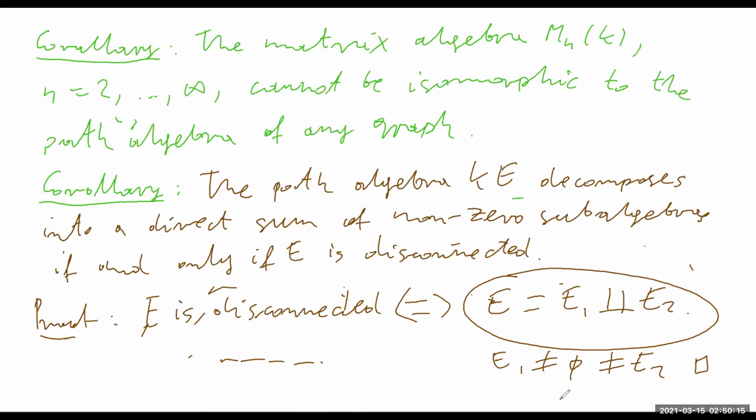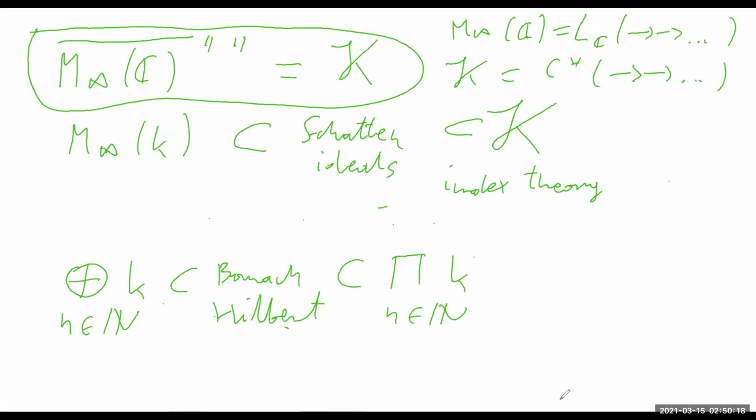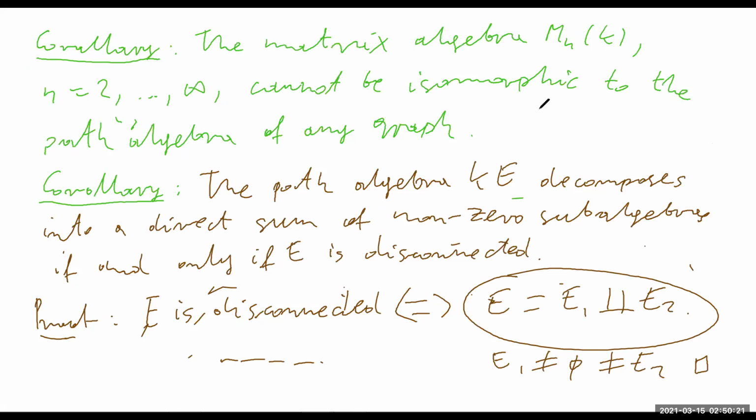So if you combine our theorem with this corollary, we know that the matrix algebra M_n(K) for any n from 2 to infinity cannot be a path algebra. If you combine it with our rigidity theorem about the decomposition of path algebras into direct sum of its non-zero subalgebras, we can now write the following corollary.